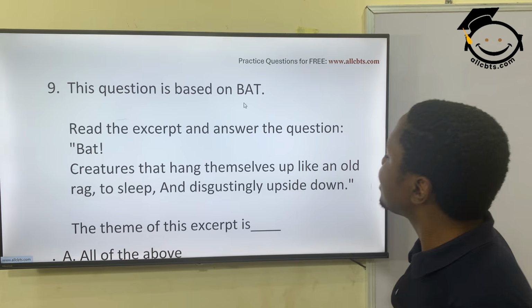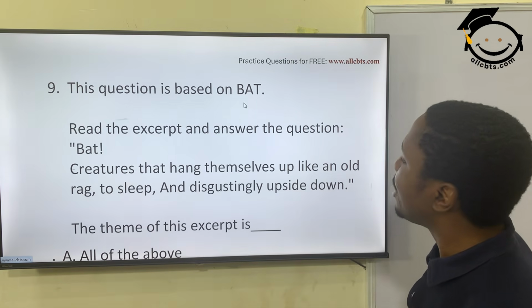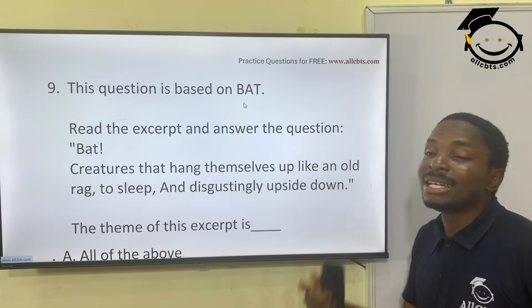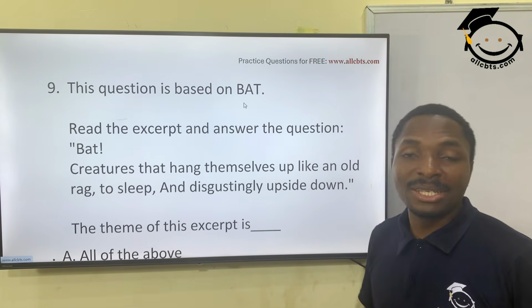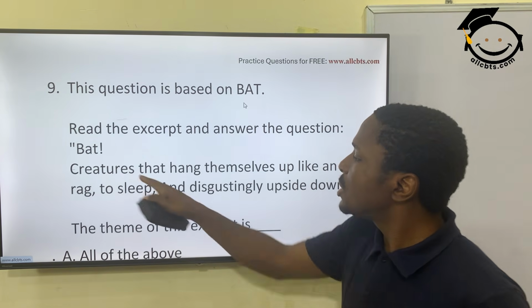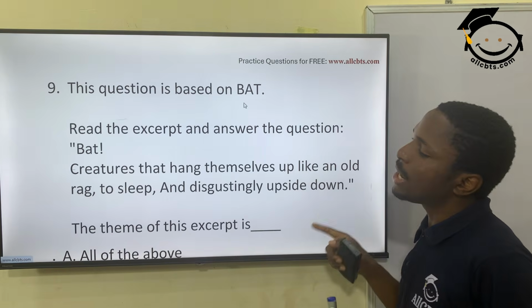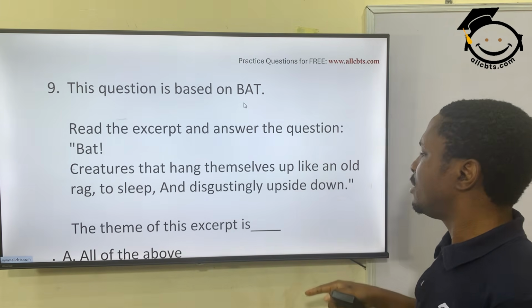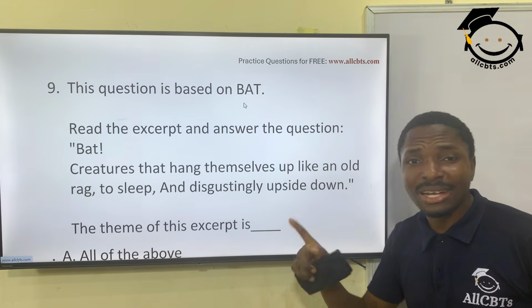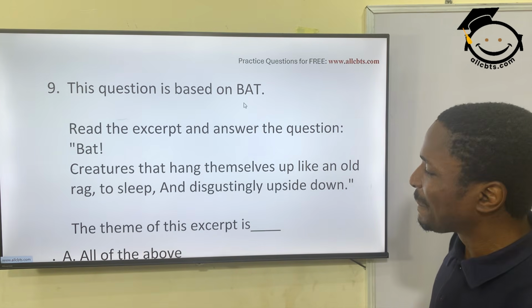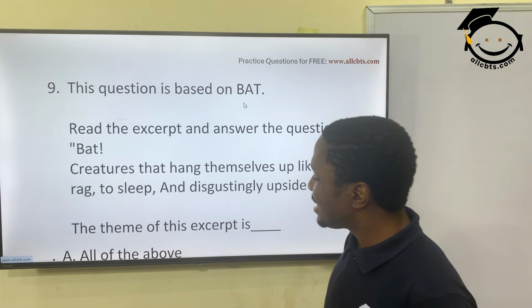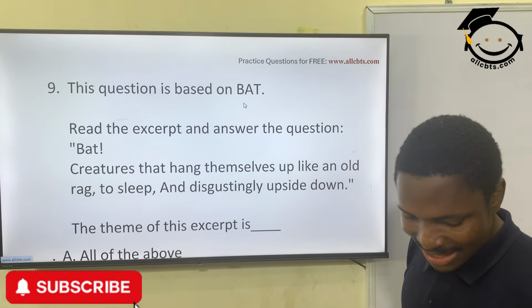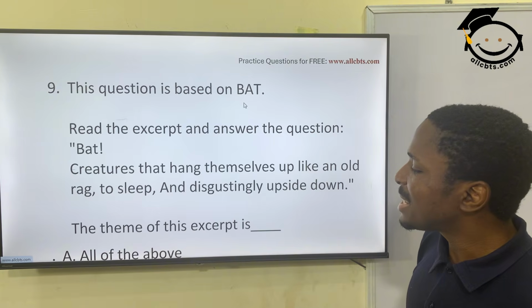Bat creatures that hang themselves up like a bat, in an exclamation, like the person exclaims. Then it says creatures that hang themselves up like an old rag to sleep, disgustingly upside down. This person is angry with this animal.